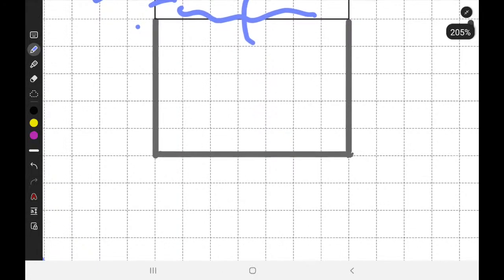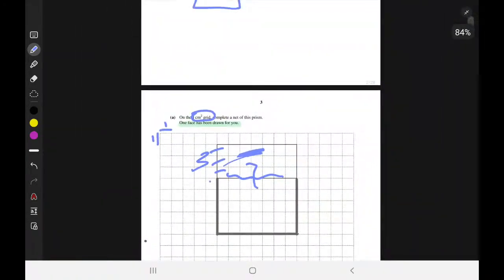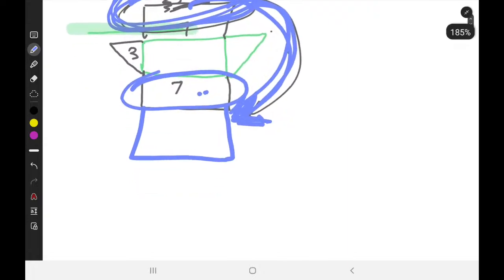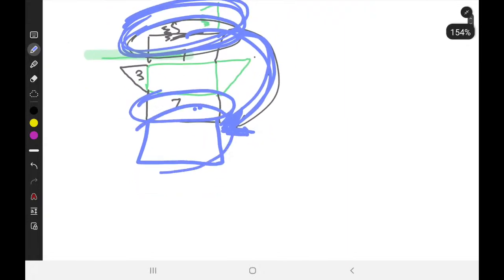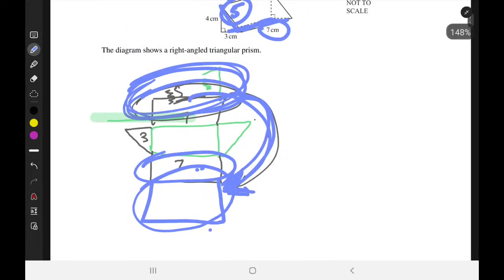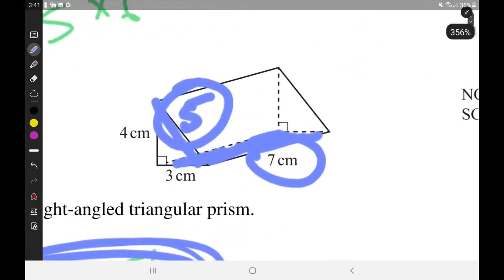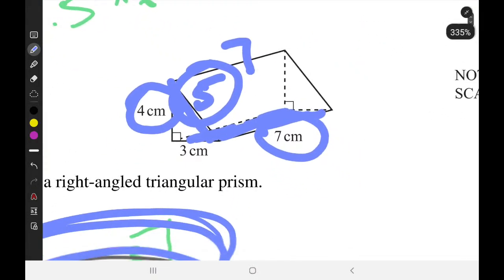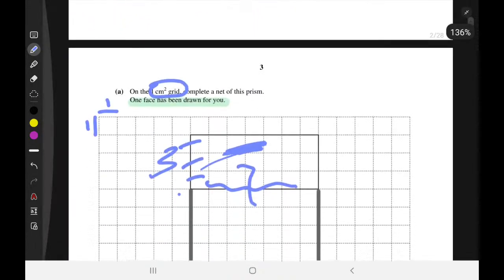No, all right. So what I did over here is that I connected this rectangle over here. Now I have to check out the dimensions. This is going to be 7, this is complete, this is 4.